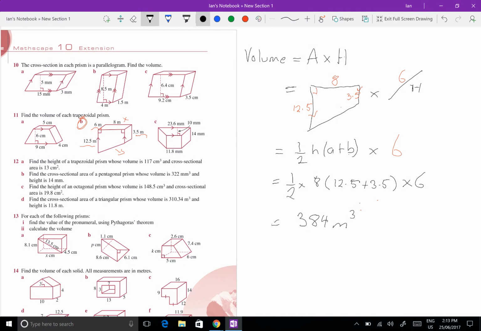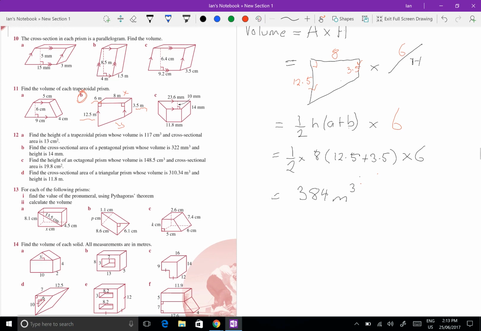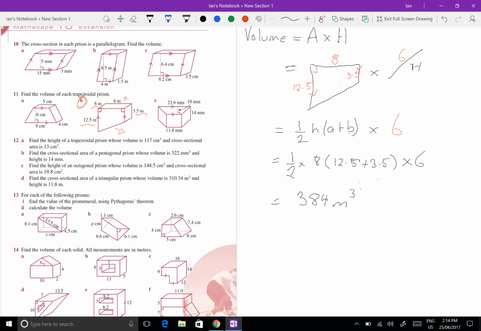Now, there's a second part on our assignment because we asked for the volume in litres. And we need to know that 1 meter cubed equals 1,000 litres.